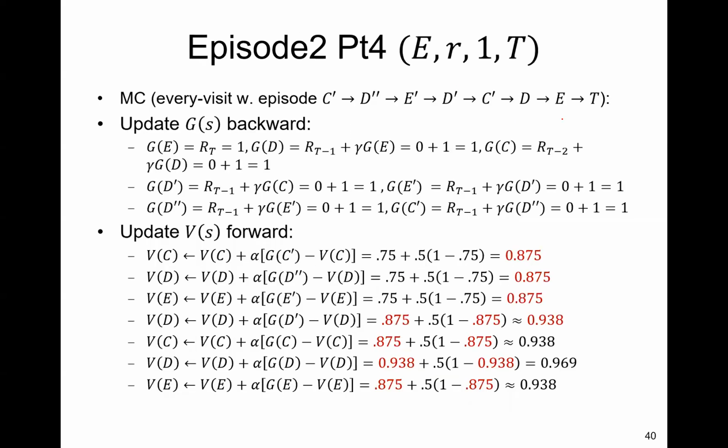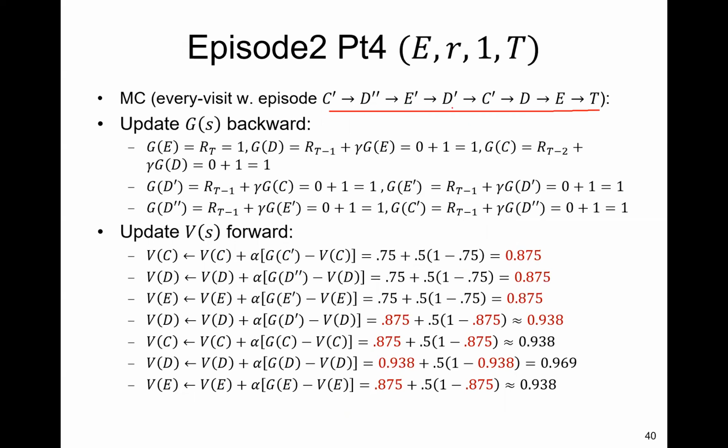For Monte Carlo, it's a little bit more complex. So suppose you use every visit. Now the episode is C D E D C D D T. So I denote the first visit with C prime and D double prime.